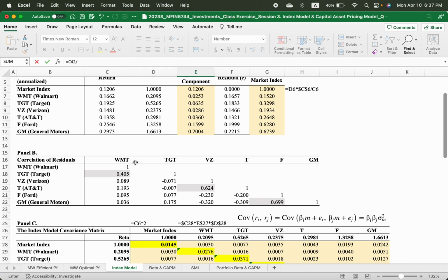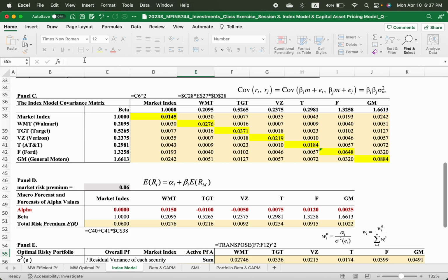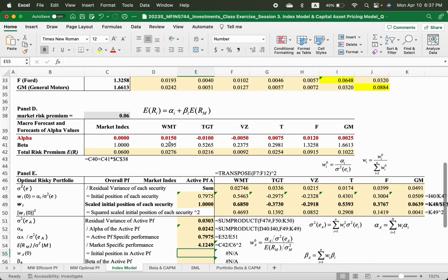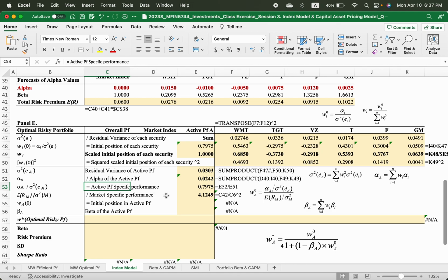How to calculate it? Variance, now to the power of 2. So we got this performance. Now let's divide this active portfolio specific performance from the residuals and the market specific performance.